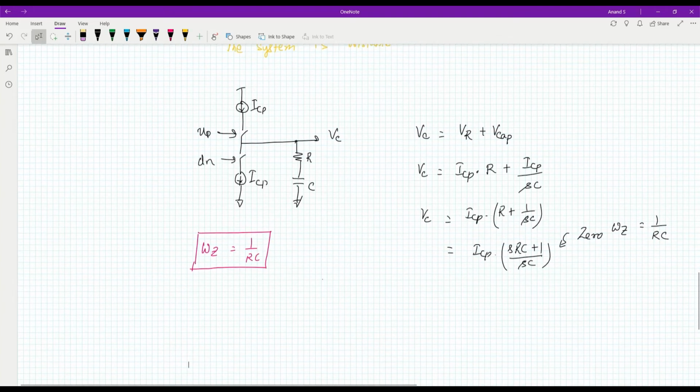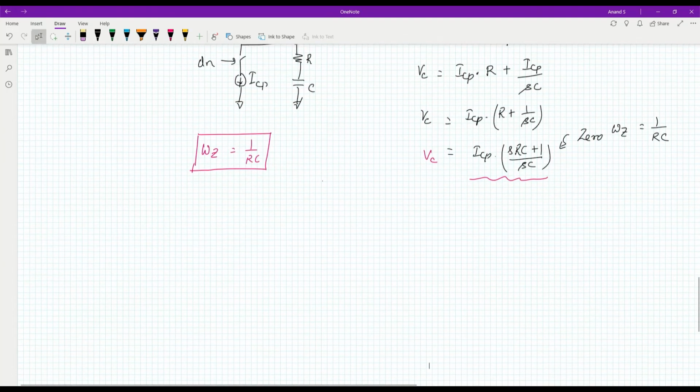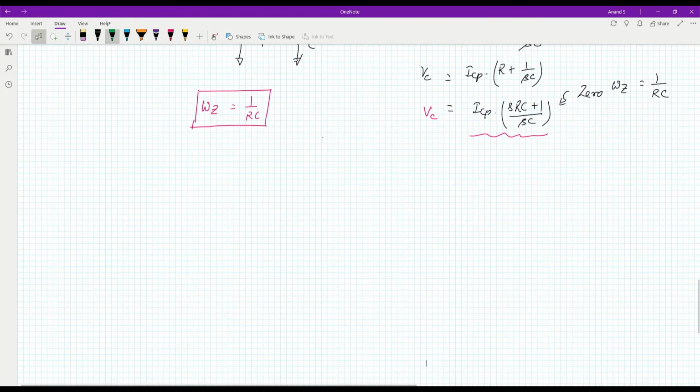Now let us plug this transfer function into our PLL loop and analyze the system. First we will have a phase frequency detector whose transfer function is given as theta reference minus theta feedback multiplied by 1 over 2 pi.